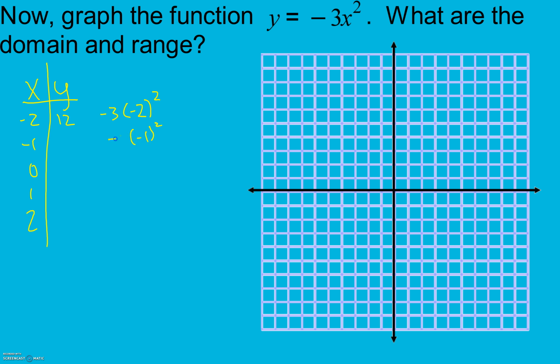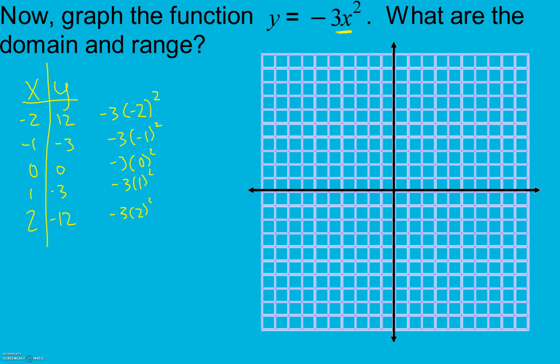Negative 1 squared gives us a positive 1, so then we multiply by negative 3. 0 squared, 0 times negative 3 is 0. 1 squared is 1 times negative 3. And 2 squared is 4 times negative 3. Again, all I did is took my x values, substituted them into my function, and solved for y.